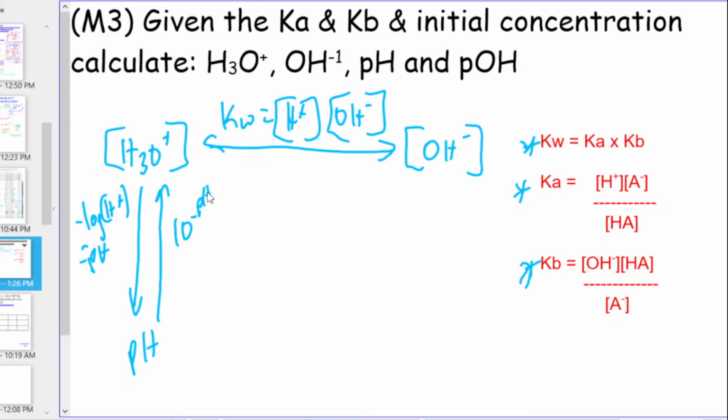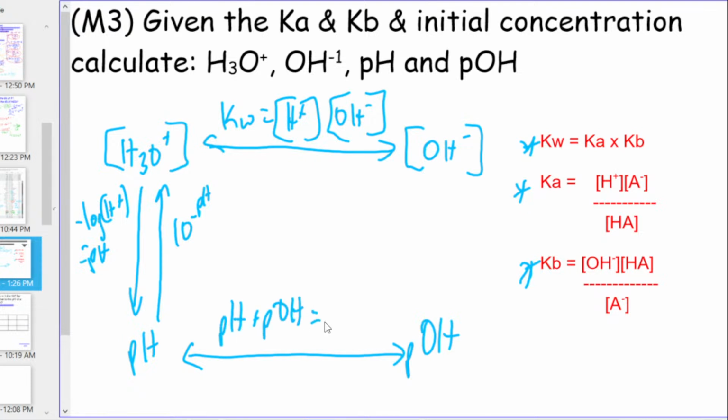Because now we're going to put it all together and do some larger calculations. And if I have pOH, what relationship takes us back and forth here? pH plus pOH equals 14 at 25 degrees Celsius, or pKw if you're not at 25 degrees Celsius.